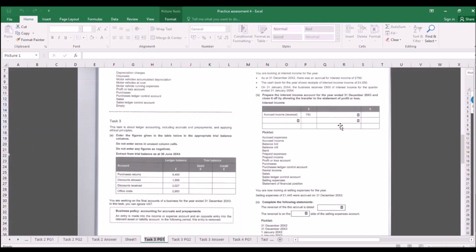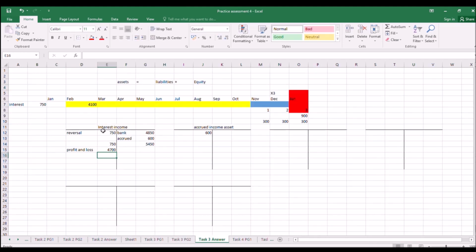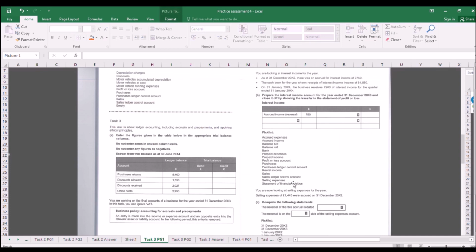So 4,700 is going to be to the profit and loss account. 4,850 is from the bank account, and the 750 is the reversal journal. You also got 600 in accrual going in there. So it'll look something like that. I can't do it on screen, it looks a bit of a mess really here.